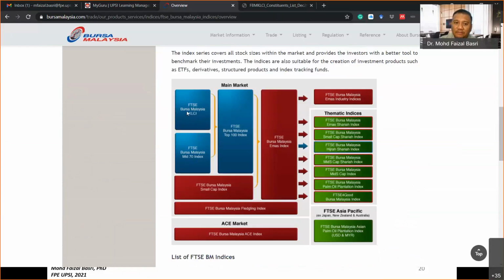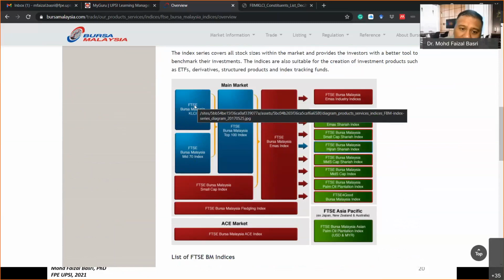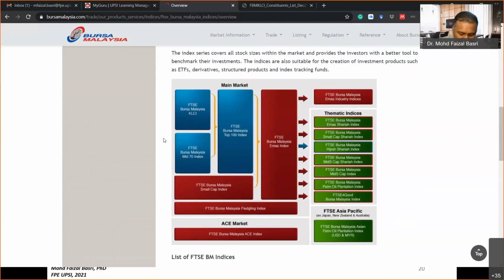First we have the FTSE Bursa Malaysia KLCI, which has 30 companies in this list. In the index we have the 30 top companies. And next we have the FBM Mid 70 Index. So this is the next 70 companies. So first we have the top 30, then we have the mid 70. So 30 plus 70, the next index is a combination of the two, which is the Top 100 Index.